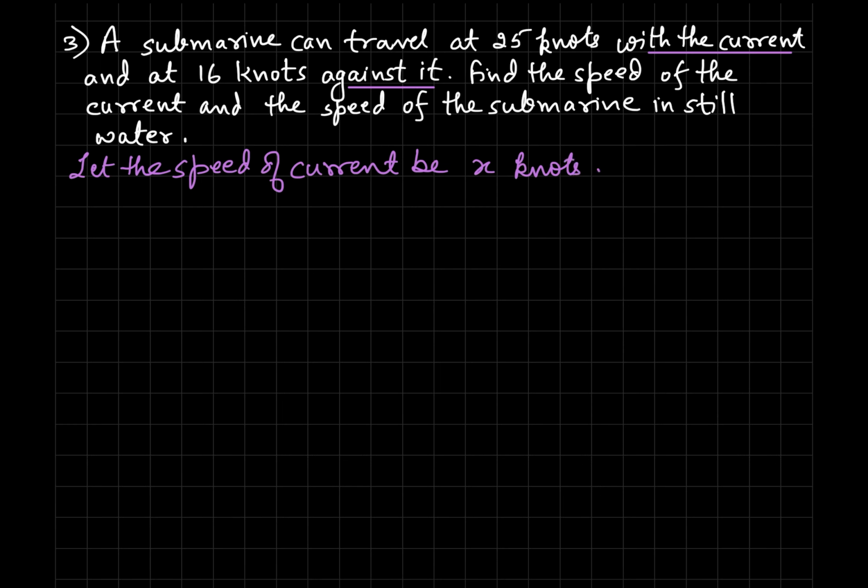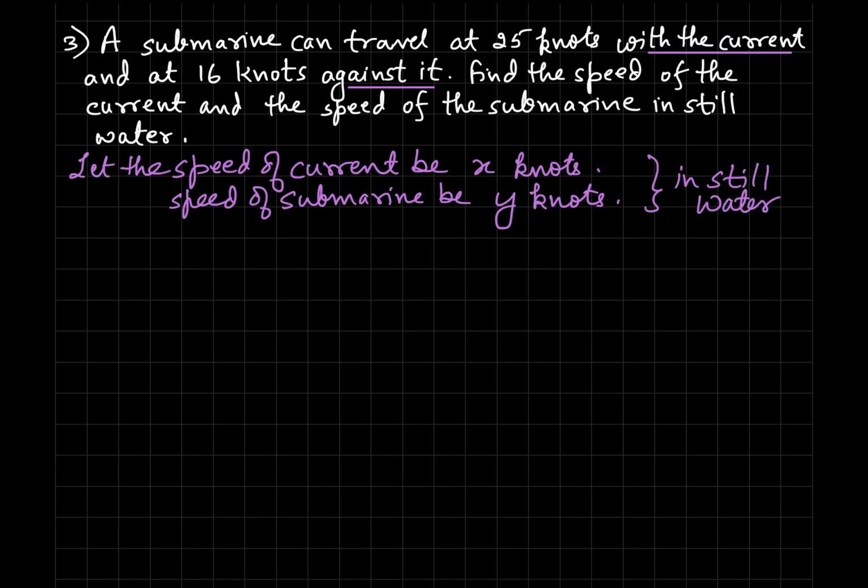And then the speed of submarine, that of submarine, be y knots. Now when the submarine is traveling with the current, speed would be what? This is the speed in still water.